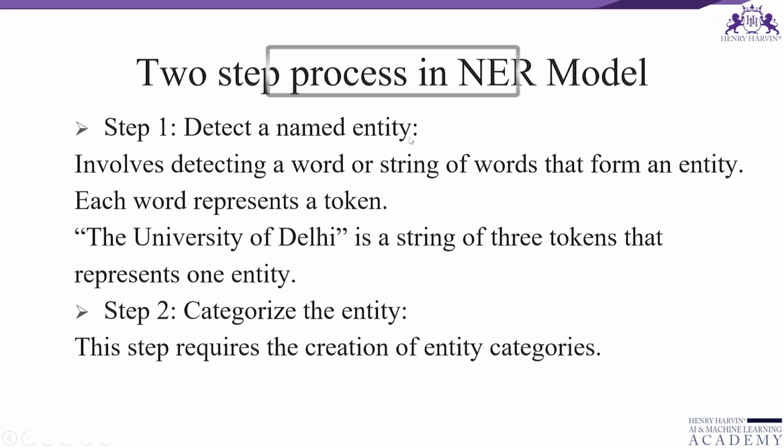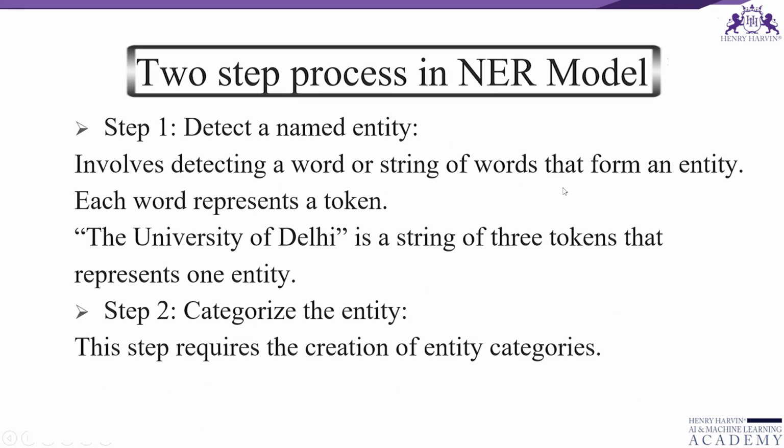Detect a named entity, which involves detecting a word or string of words that form an entity. Each word represents a token. We all know that, right? So when you say the University of Delhi, it is a string of four tokens that represent one entity.